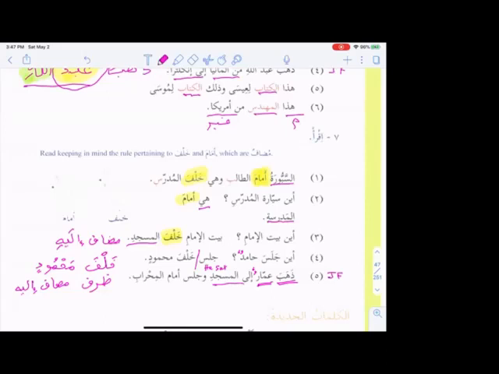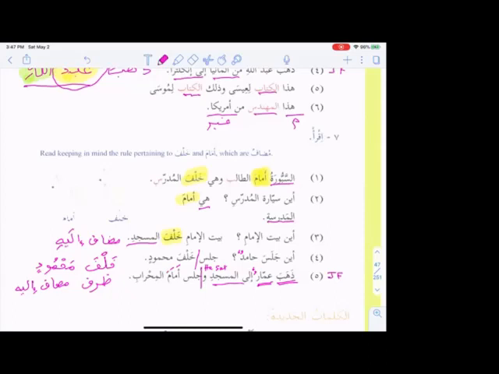Fine. Wajalasa, again jalasa came, but I don't see the fa'il. Where is the fa'il? If you don't see the fa'il, it has to be mustatir. Taqdiruhu huwa. Okay? And he sat in front of the mihrab. Amama.